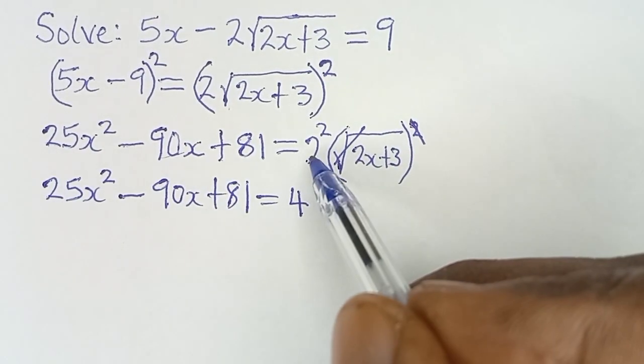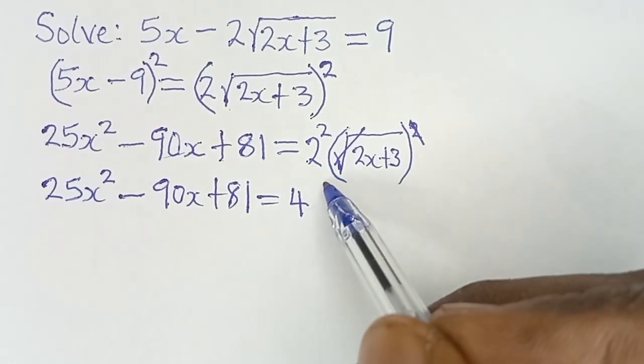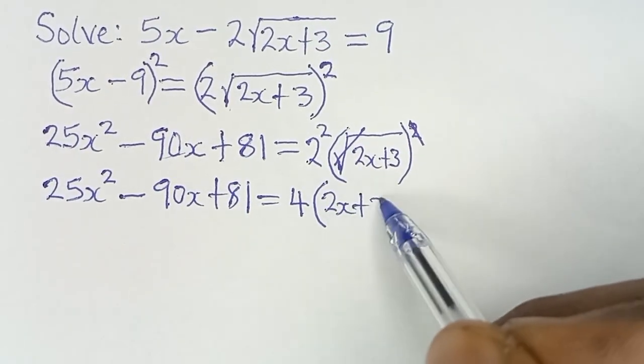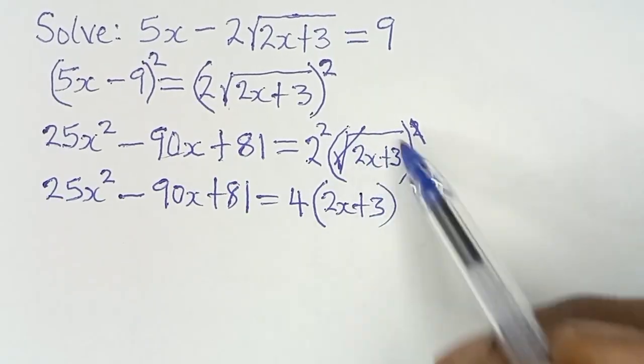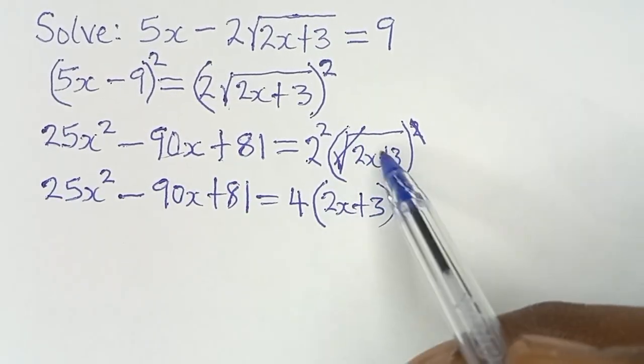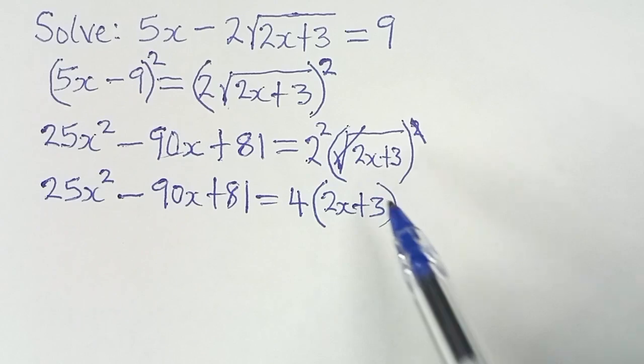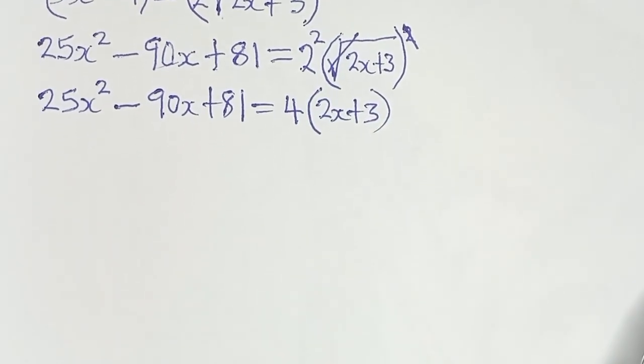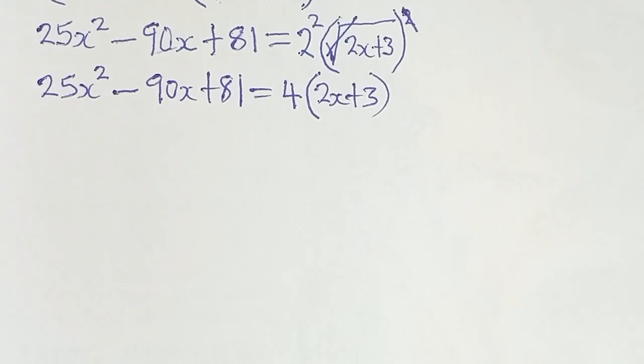So it's going to be 4 that we got here, then multiply by 2x plus 3. Because when you square this one, it's going to give you just what is inside the bracket, which is 2x plus 3.